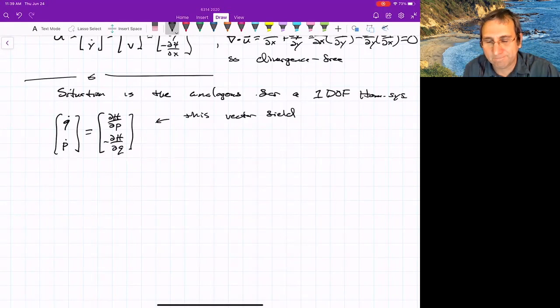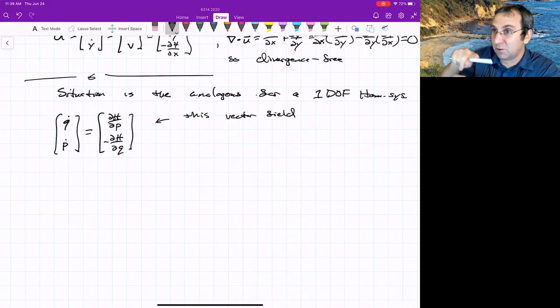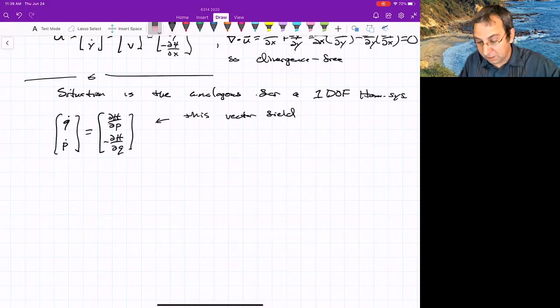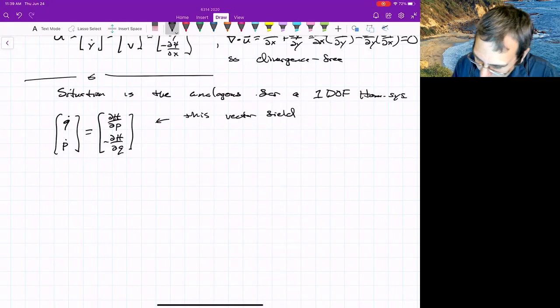Right? Incompressibility and divergence, these are properties of vector fields. If you've done anything with electromagnetism, you had to deal with vector fields. It had to do with the direction of the electric and magnetic fields, and they're just vector fields. Well, this is a vector field. At every point in q and p, there's a vector, and its components are q dot and p dot. So this vector field is incompressible.